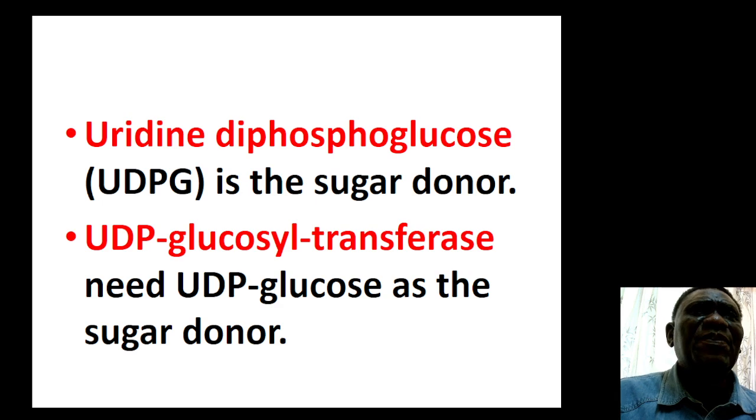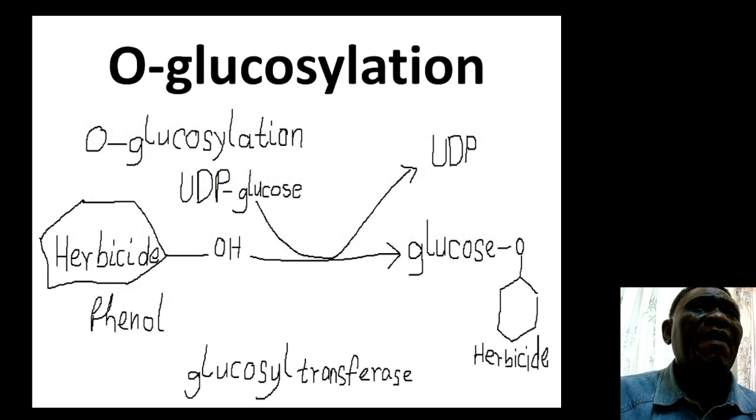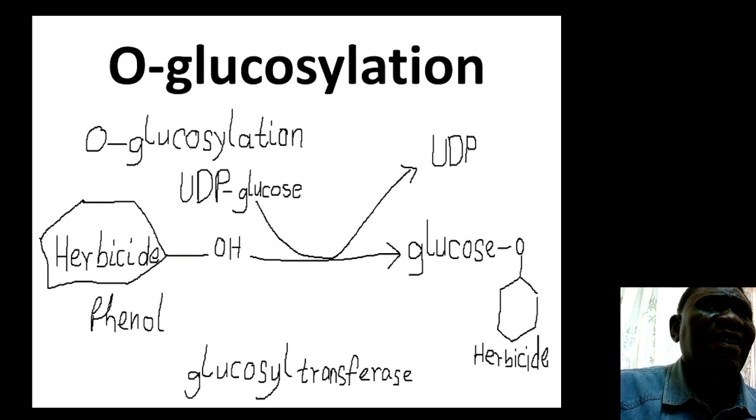We need UDP glucose as the sugar donor. The first reaction is O-glucosylation, where the herbicide carrying the OH group will react with the sugar donated by the UDP glucose, and the UDP is released. This is facilitated by UDP glycosyltransferase.